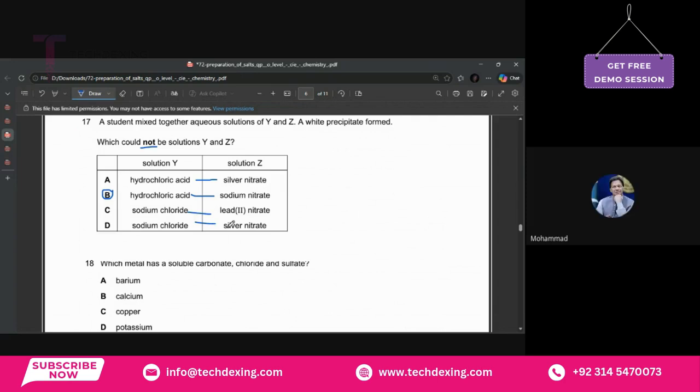Very good. Okay, moving forward, which metal has a soluble carbonate, chloride, and sulfate? Which metal has all of these three salts soluble? Potassium. Very good, potassium.